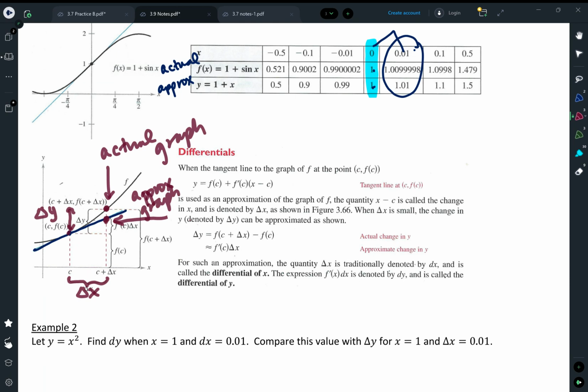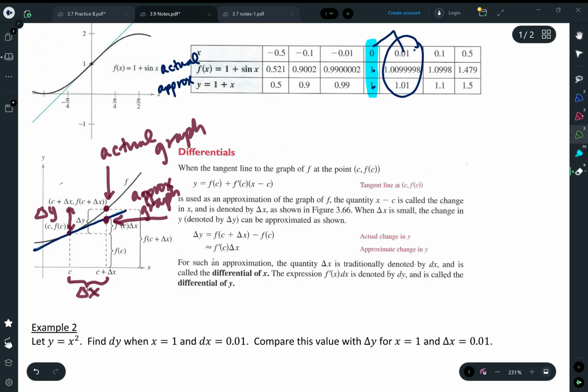Looking at the difference between my approximation and where I should be is going to be our delta y. But when we look at how close we are, we're going to use this value instead. So I feel like I'm not doing a very good job of explaining this. So maybe let's go through the math over here.